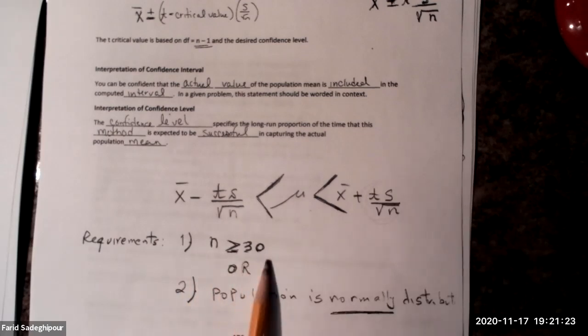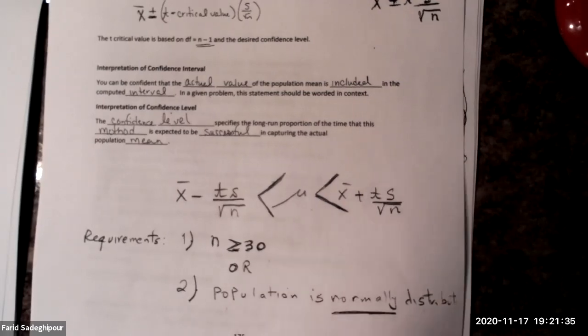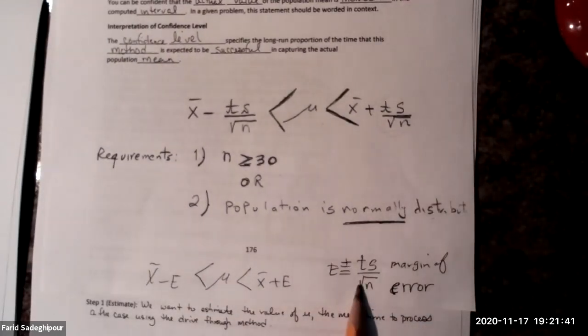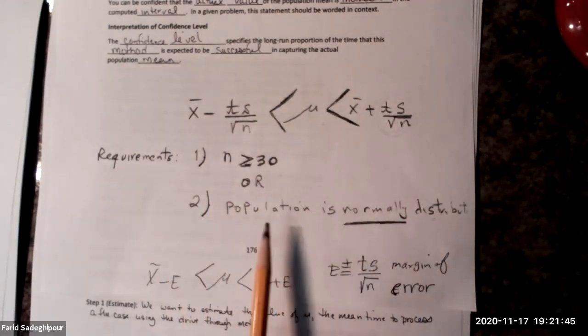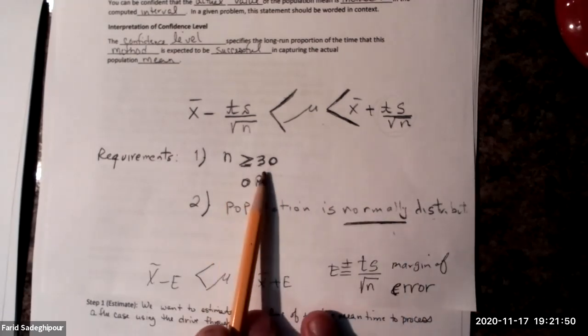Either n has to be greater than 30, or if n is not greater than 30, we indicate in the problem that the population is normally distributed, then you're allowed to use this formula.